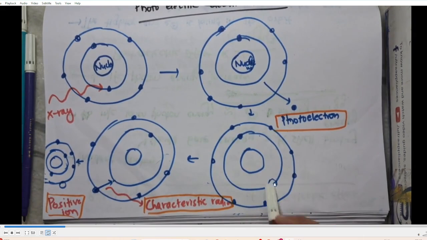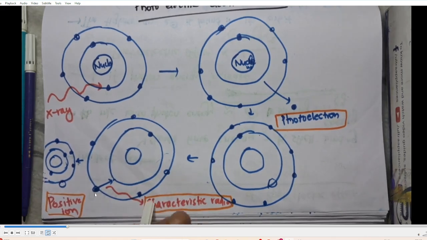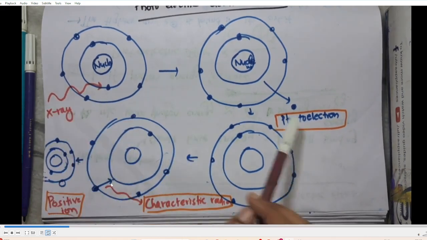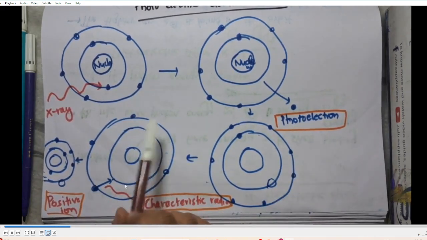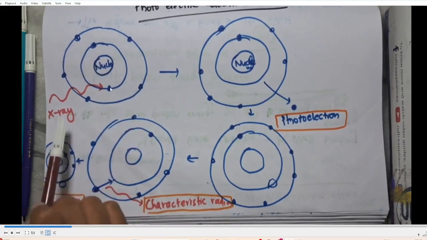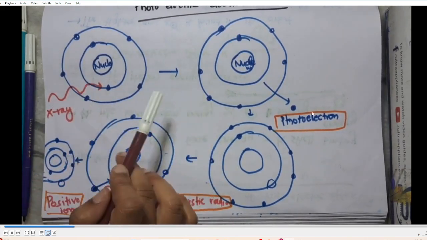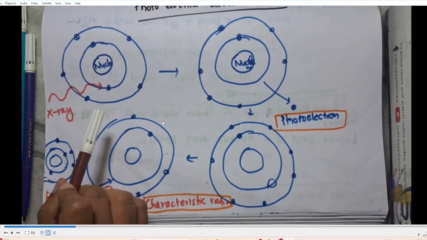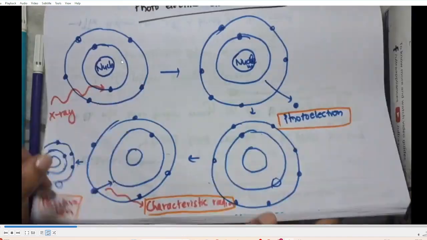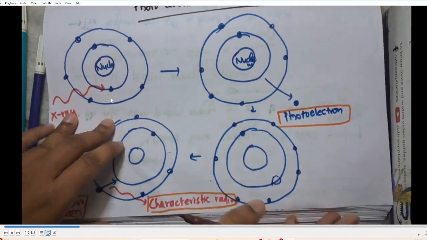When it is released, a hole remains, and this hole is filled by an electron from the K shell, L shell or M shell. The X-ray photon should have an energy more than the K shell binding energy in order for the photoelectron to be released.